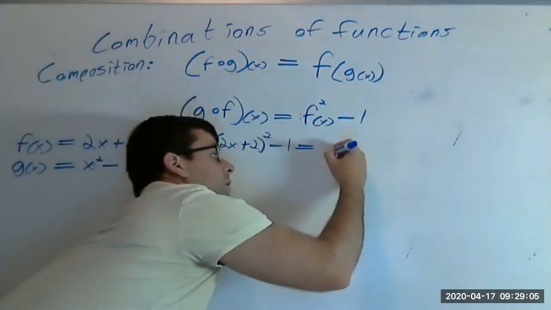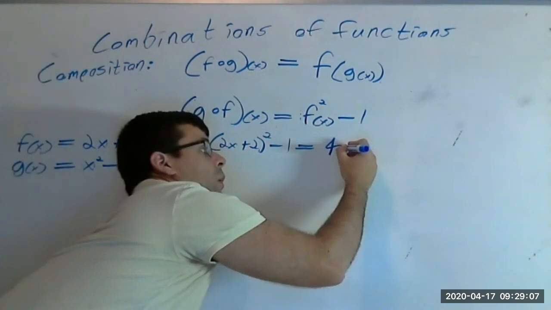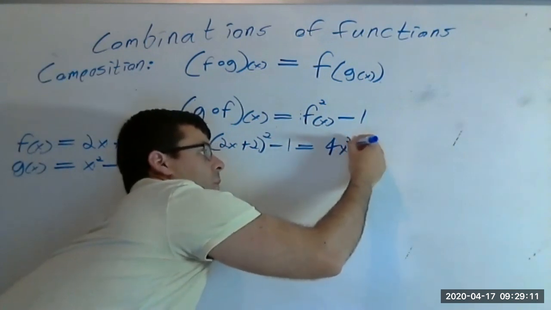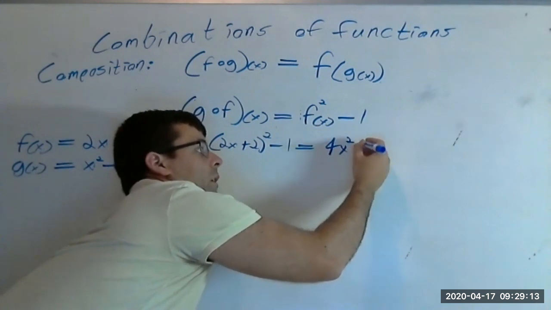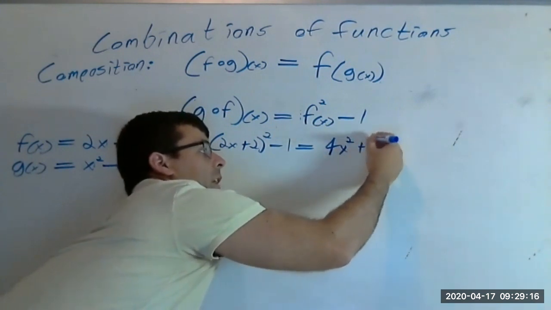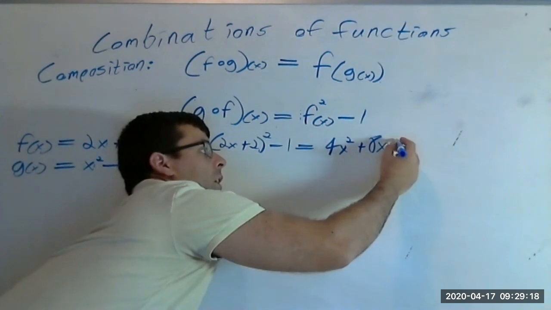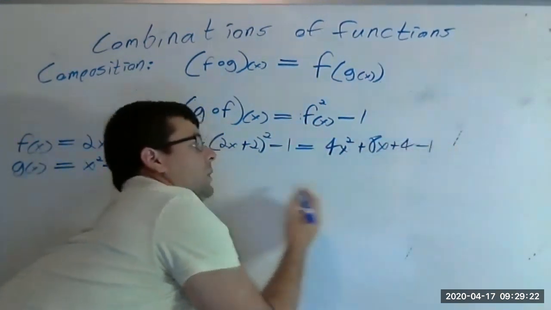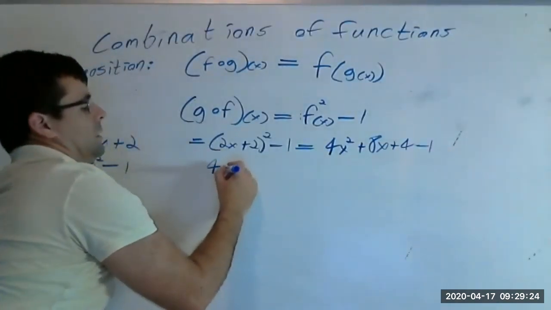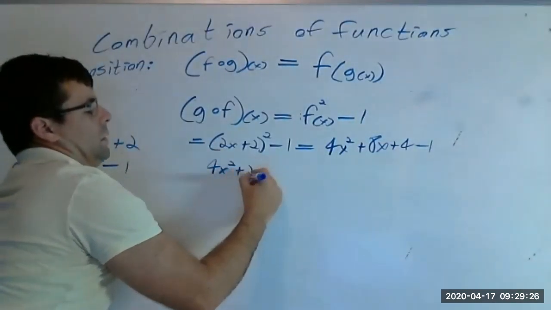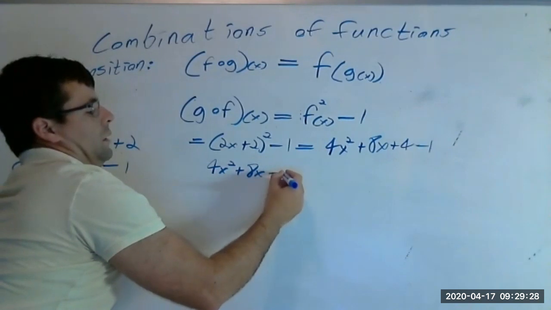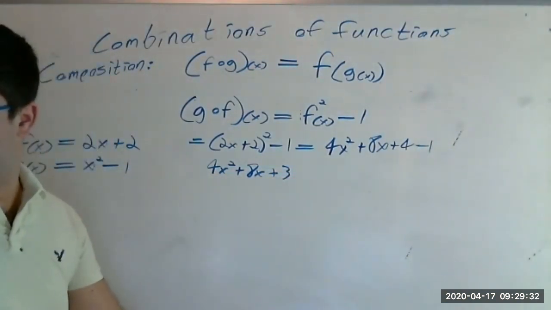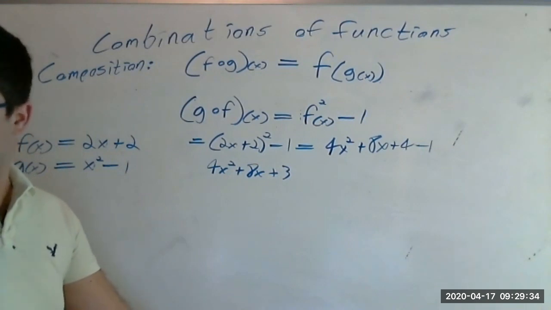This gives us 4x squared plus 8x plus 4 minus 1. Yeah, so it works the same way.